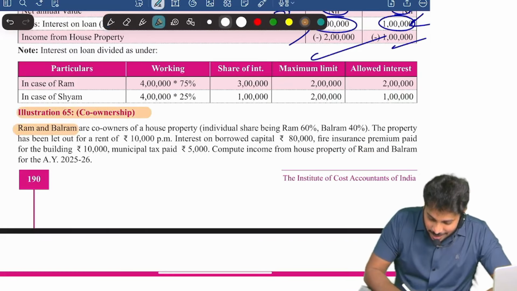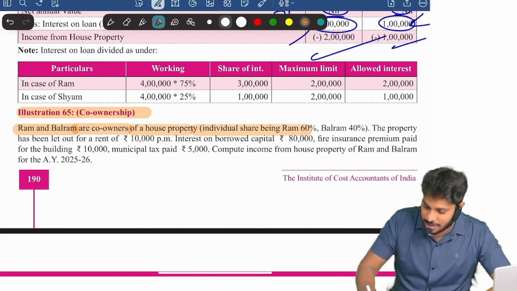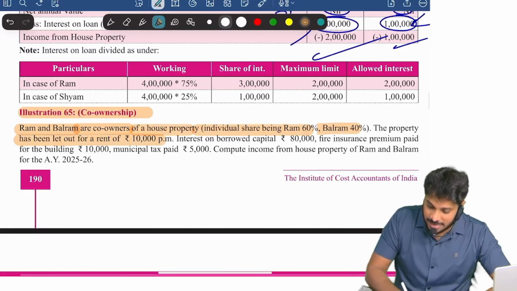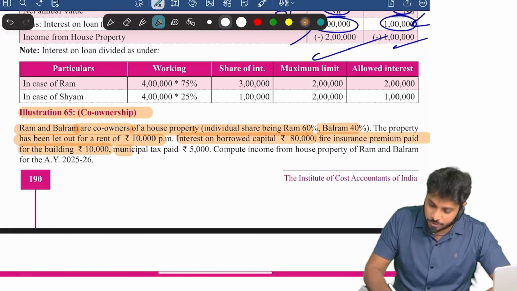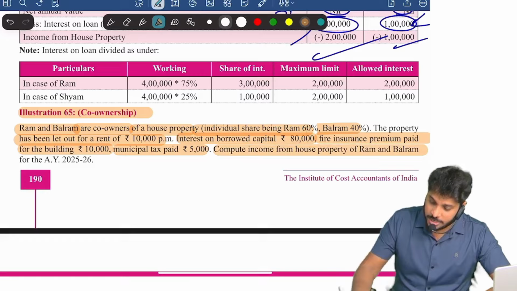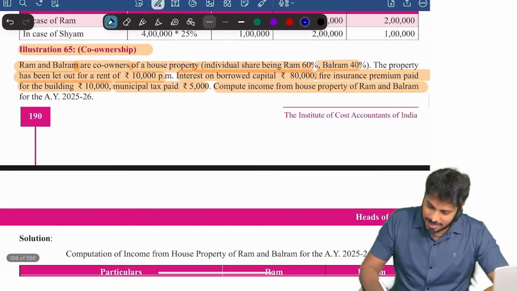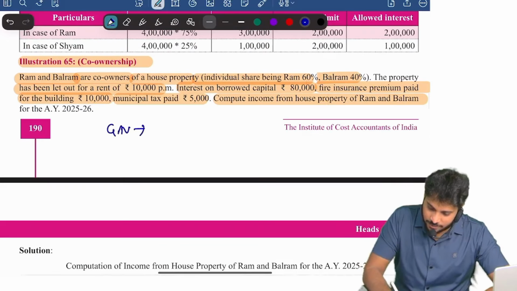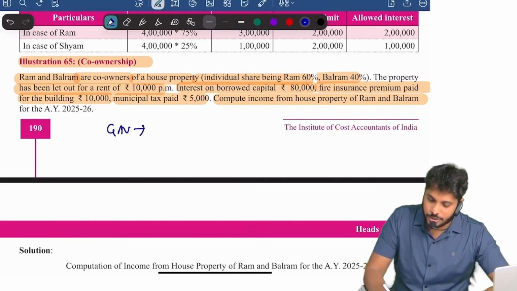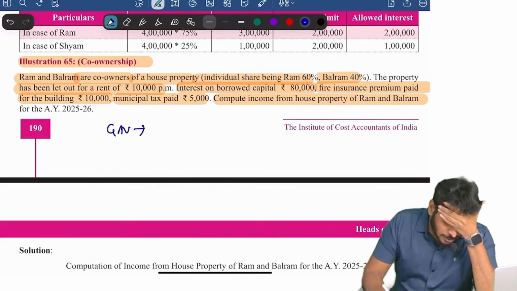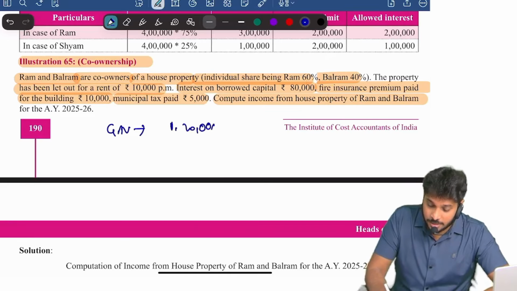I didn't see. Ram and Balaram are co-owners of property. Ram 60/40. The property has been let out for 10,000 per month. Interest on borrowed capital, fire insurance premium for the building 10,000. Municipal taxes paid 5,000. Combined income from house property. Very simple. Gross annual value. Municipal value and all they have not given. Yes or no? Gross annual value is actual rent 10,000 per month into 12 months, 1 lakh 20, minus municipal taxes paid 5,000.